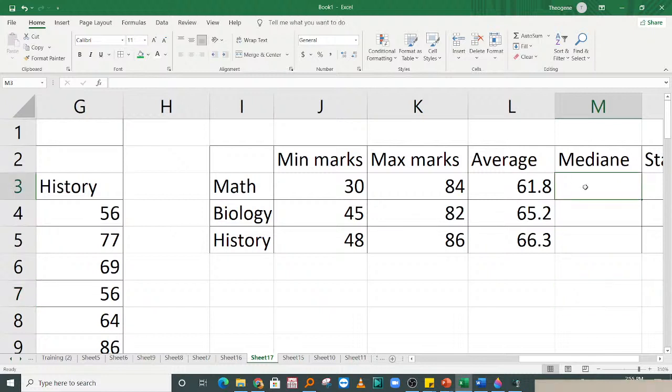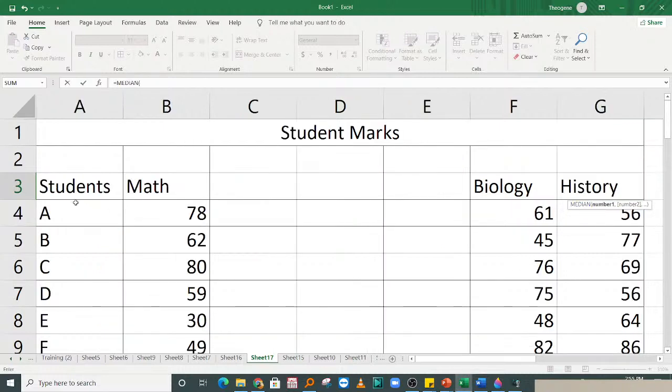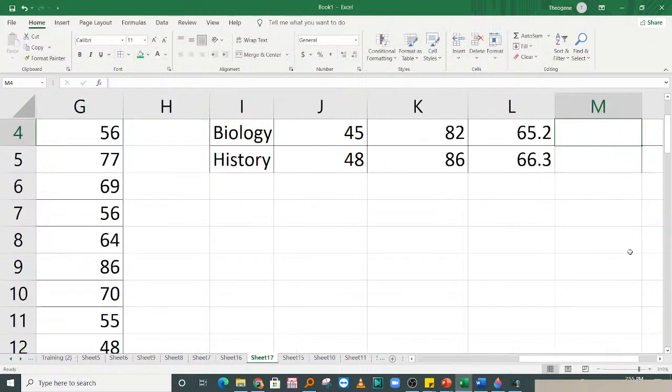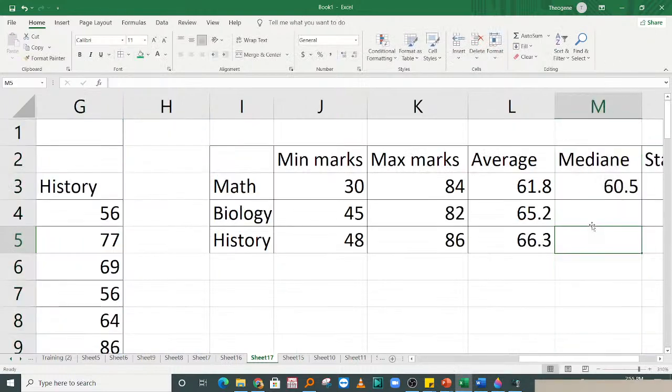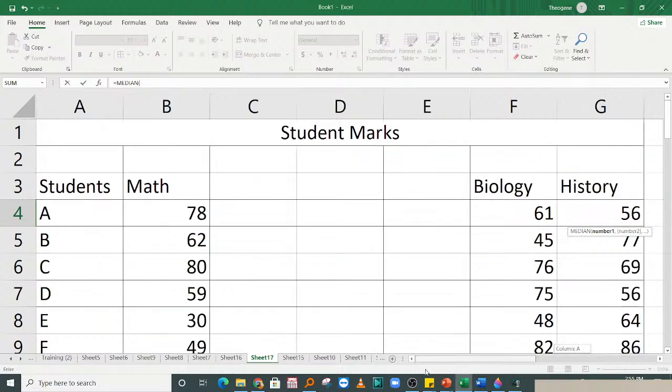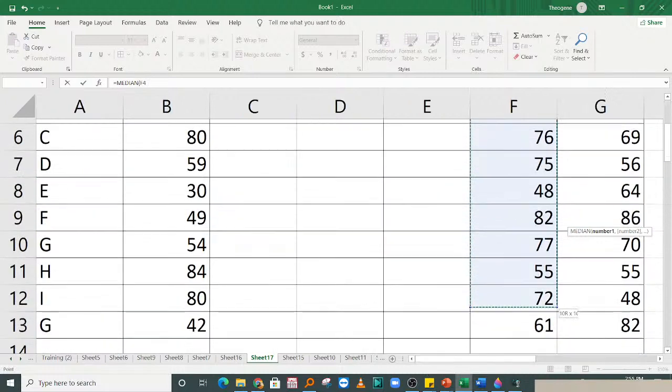So the median in mathematics is 60. The median is a bit closer to the mean, to the average.